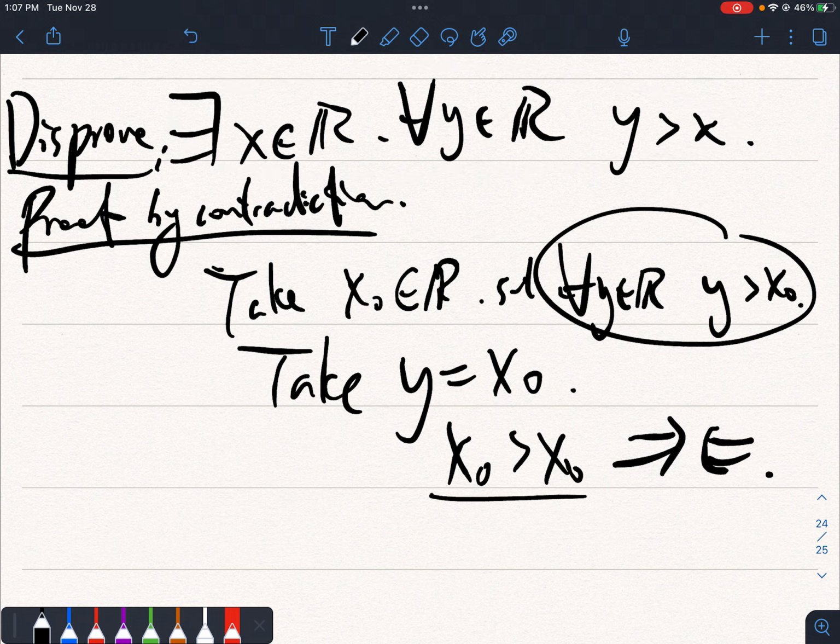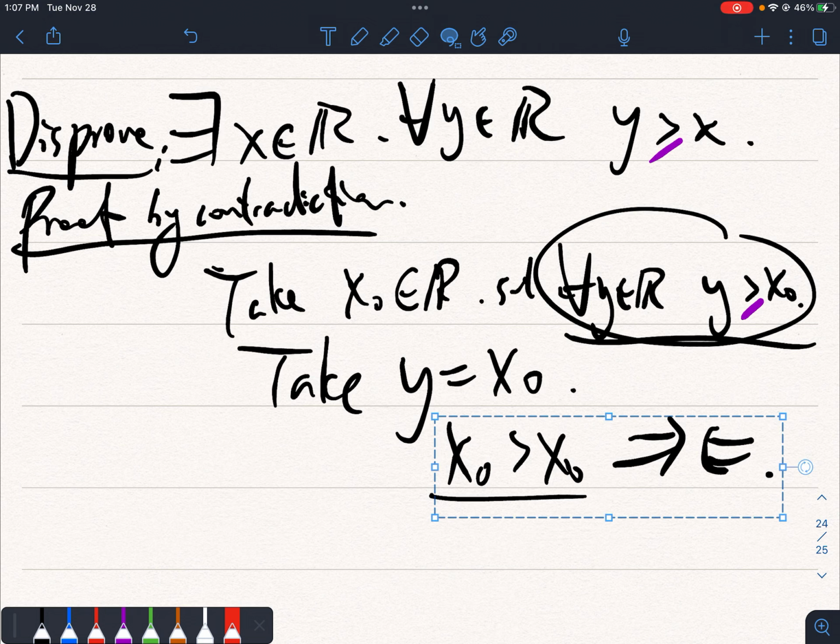If this is true, then we can take some special value x naught, such that for all y, for all real numbers, it is bigger than x naught. But then we can just choose y to be itself. Okay, so here it's kind of tricky, but we can actually change it into y bigger than or equal to x. Then here we cannot choose x naught, right?